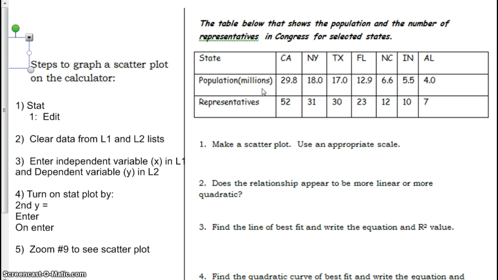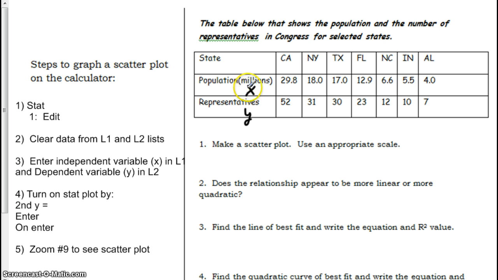It matters how many people are in the state to determine how many representatives. So our x would be the population, that's the independent, and the representatives is dependent on the population, so that's our y.